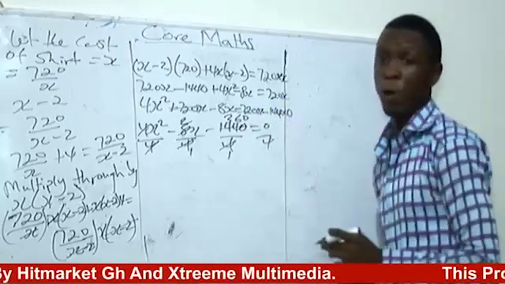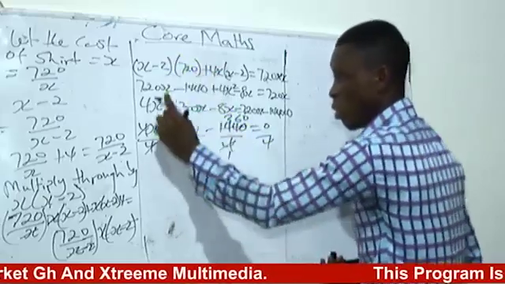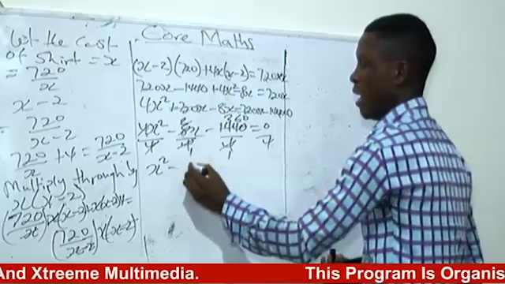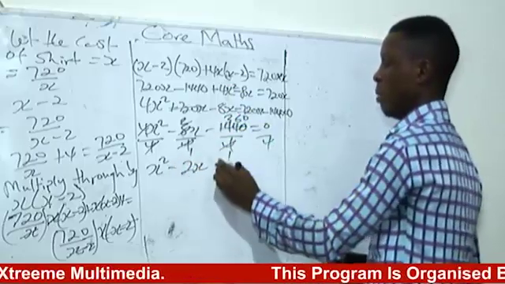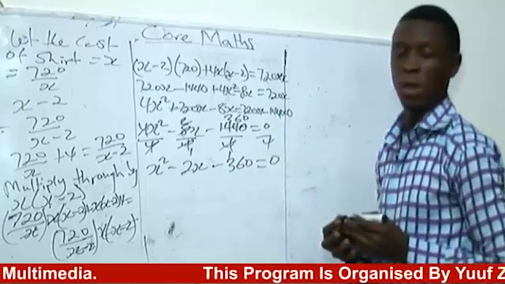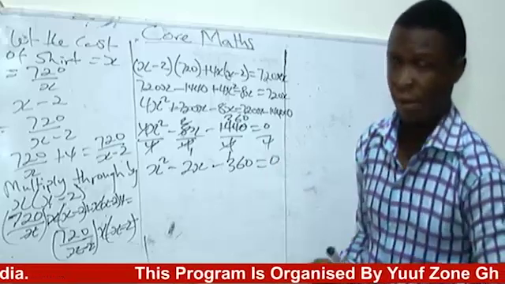And 0 over 4 is 0. Now, let's continue. So what is left here? We have s squared minus 2s minus 360 equal to 0. This is the quadratic equation you are having. Good.